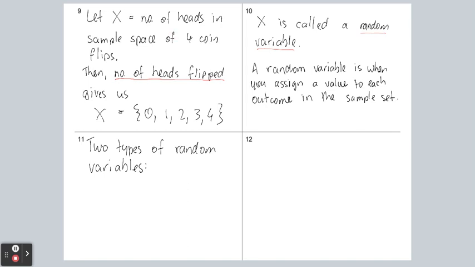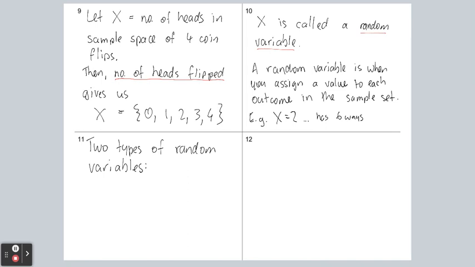So what we can then say is that, e.g., x equals 2 has 6 ways that it can be. Getting x equals 2 can be done in 6 different ways, is what I'm trying to say.